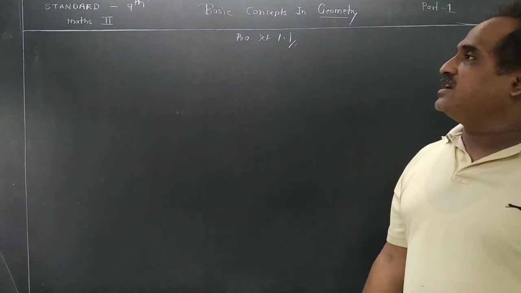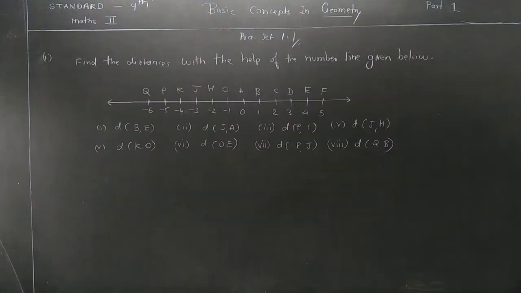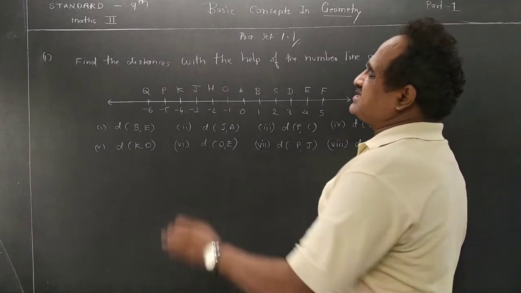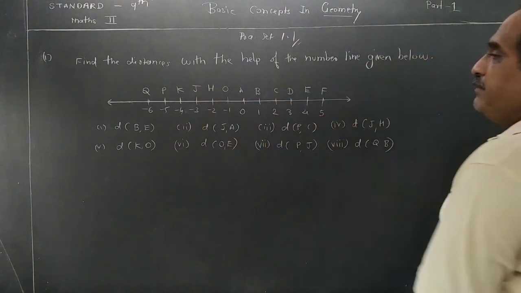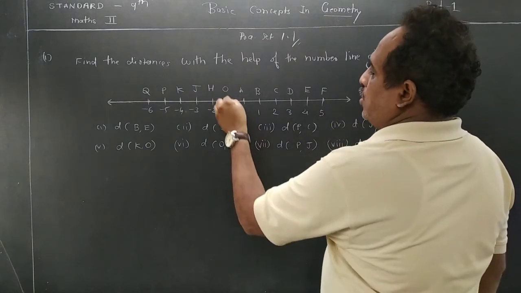So we are going to do the first question of the practice set. They have given this first question: find the distance with the help of the number line given below. This is a number line.